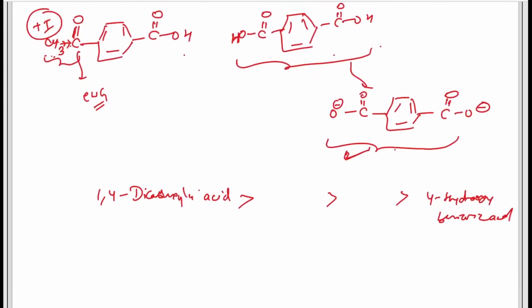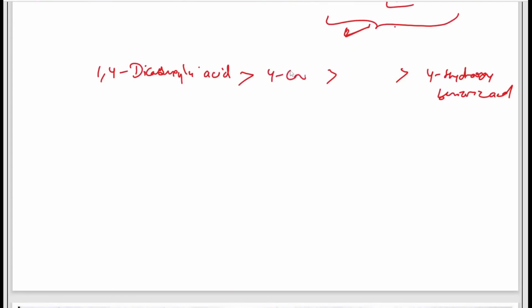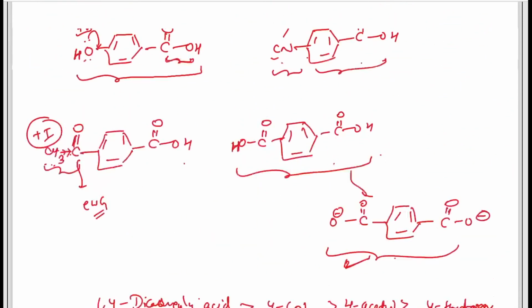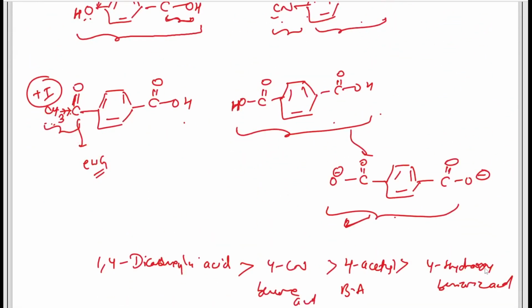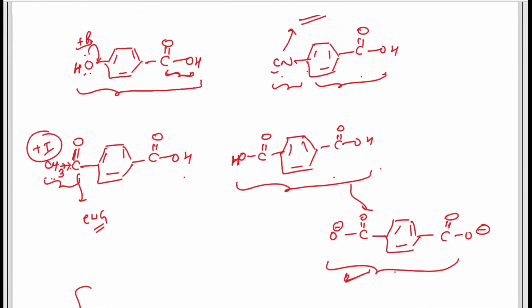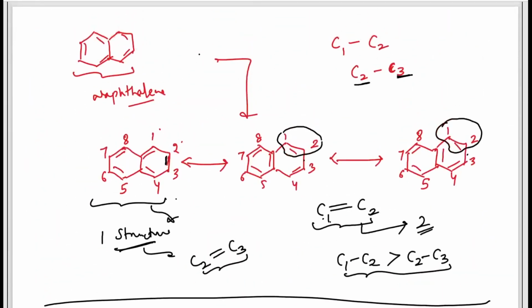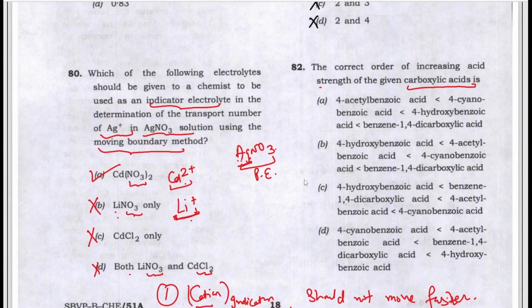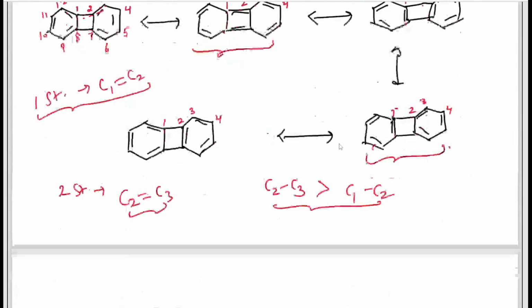So 4-cyanobenzoic acid has more acidic strength as compared to 4-acetyl containing benzoic acid. Okay. So this is the correct order of the acidic strength. So in this question, our correct answer is B. Okay, so B is the correct answer of this question.